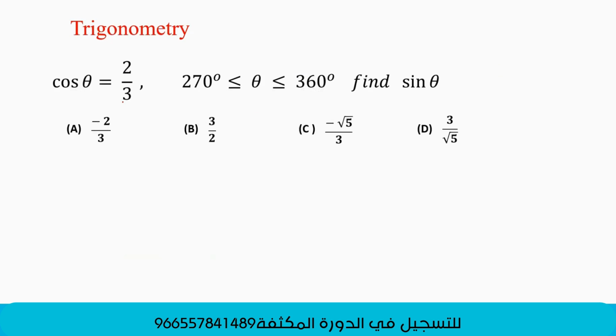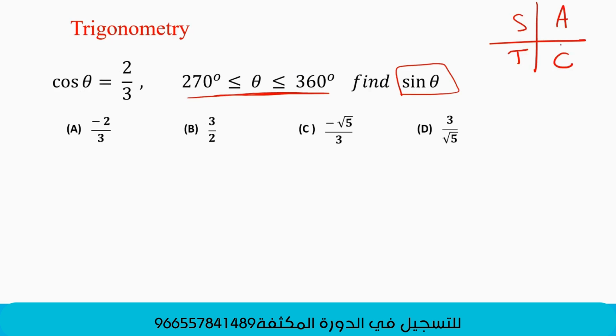Cosine is 2 over 3. And this is the third quadrant, isn't it? Sorry, this is the fourth quadrant. We have to find sine. So I know this is A, S, T, C. So I know sine in the fourth quadrant is negative, isn't it? So this is wrong, and this is wrong, isn't it?